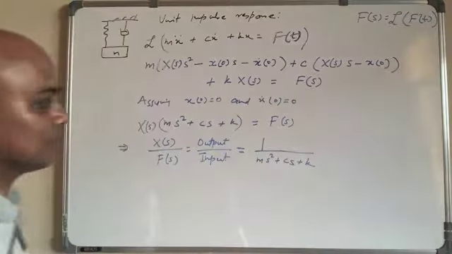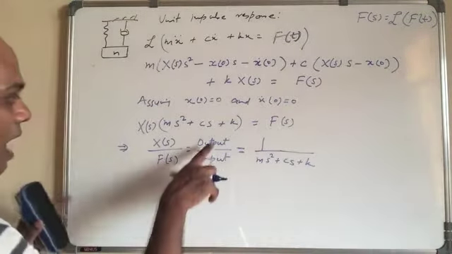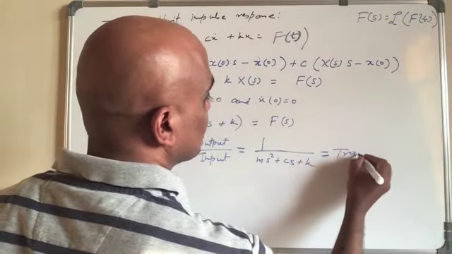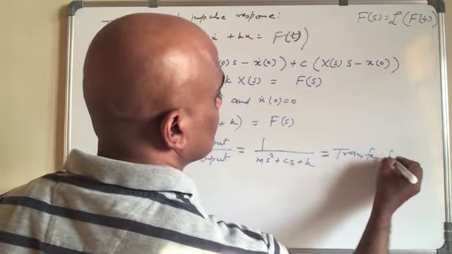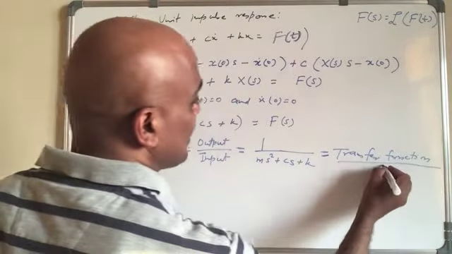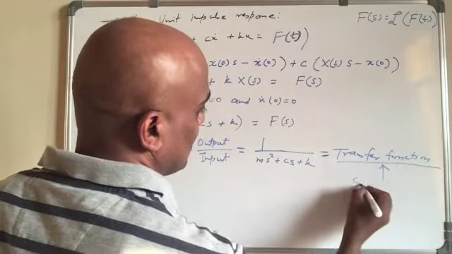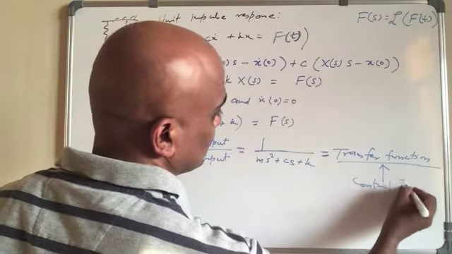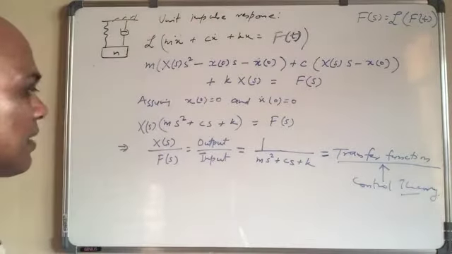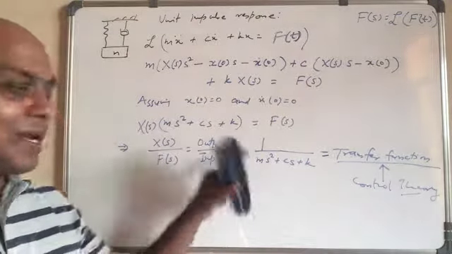That's what we get. Output over input is also known as the transfer function, and we will see that in control theory.